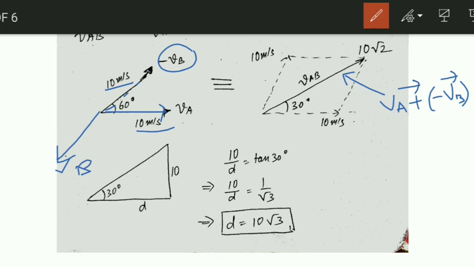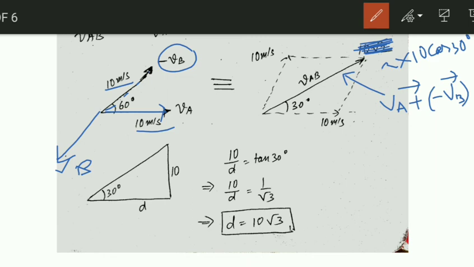So what value will I get? It will be 2 into 10 cos 30 degree, that is 10 root 3.